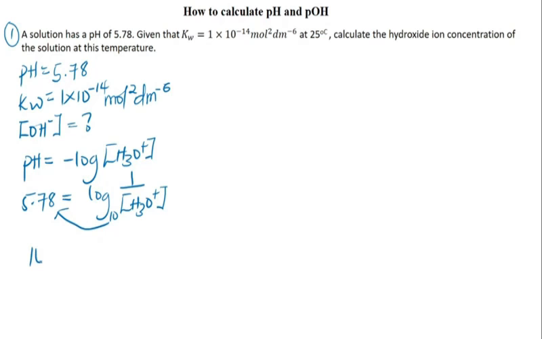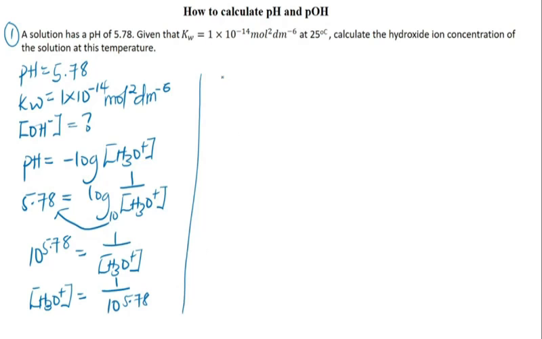So we have 10 raised to the power 5.78 is equal to 1 over the H3O+ ion concentration. Making the H3O+ ion concentration the subject, we have 1 over 10 to the power 5.78.